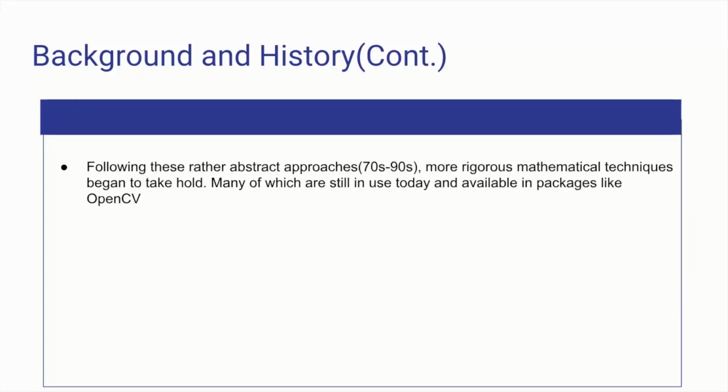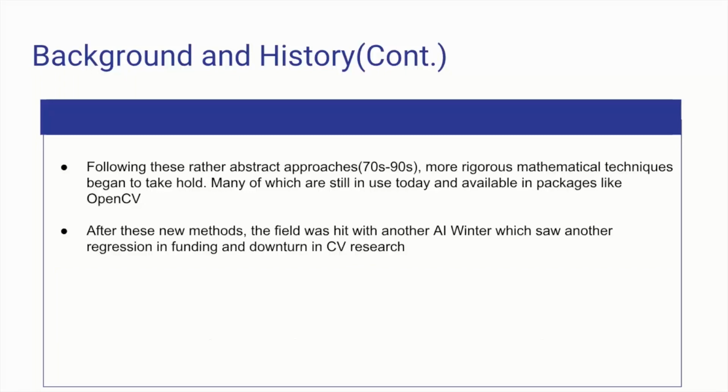Okay, so following those rather abstract approaches, we implemented more rigorous mathematical techniques, and many of those are still in use today. Things like SIFT, the Viola-Jones algorithm, and a lot of them are available in OpenCV, which is a Python package that utilizes a bunch of classic computer vision algorithms for use in object detection, image segmentation, thresholding, things of that nature.